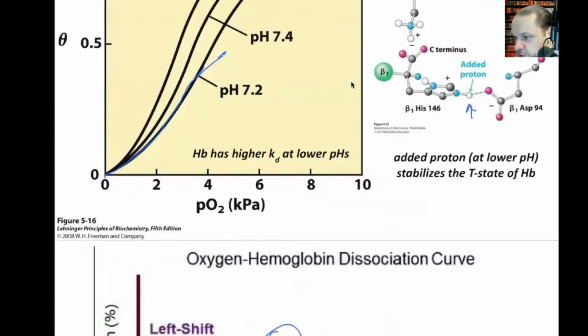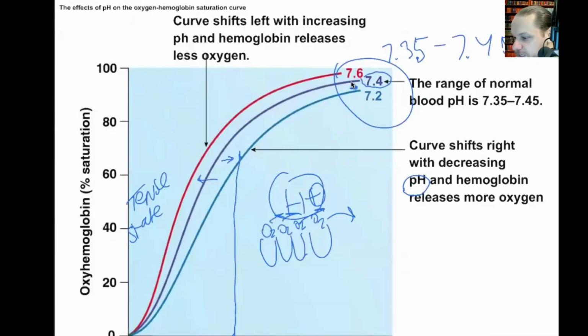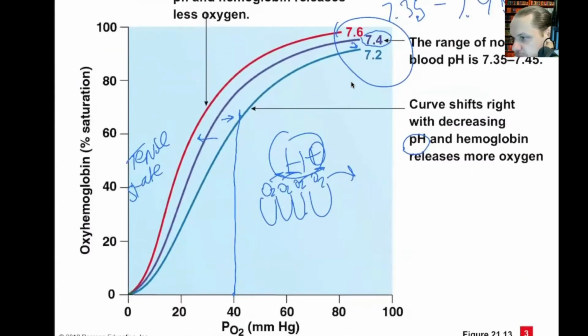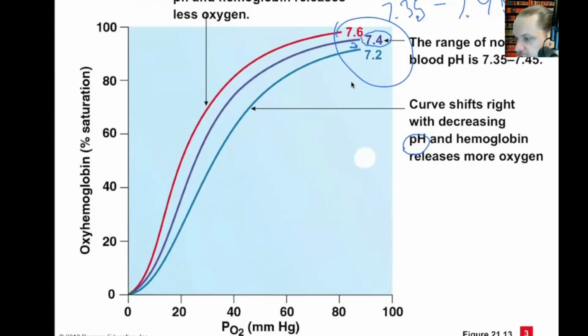So let me just go back into a graph so I can maybe make this a little better so you guys can see. I'm just gonna say this was saturation. So remember we said this portion of the graph shows you what percentage of hemoglobin is saturated.